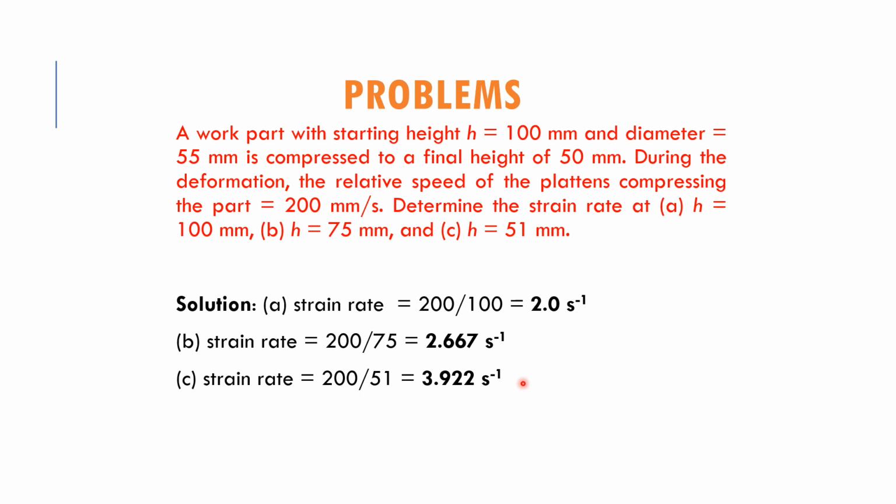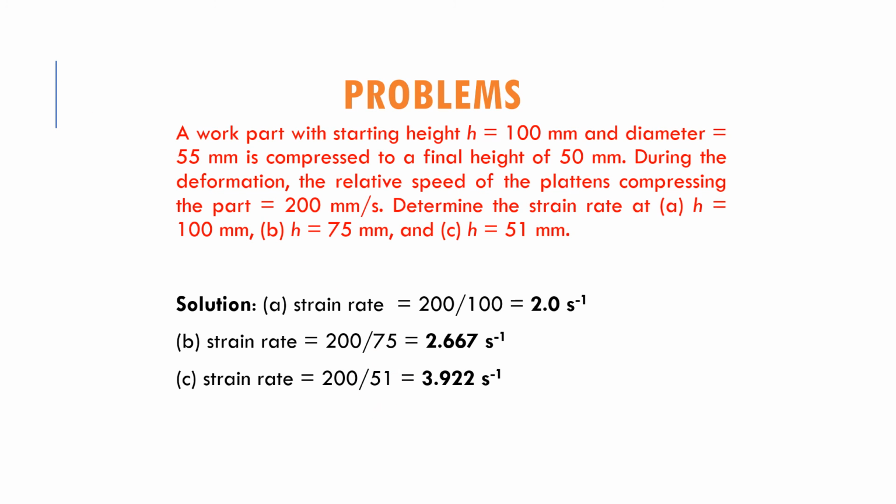This means that once the height of the product is reduced, it becomes harder for the deformation to take place because of the increasing strain rate. There will be additional forces acting on the work material because of this reduced height.